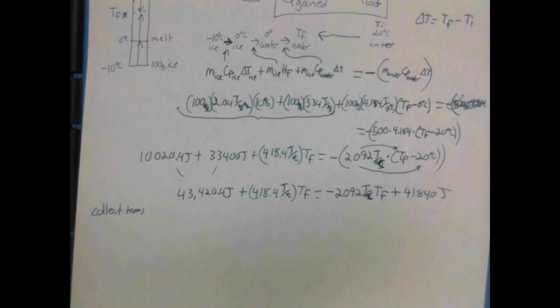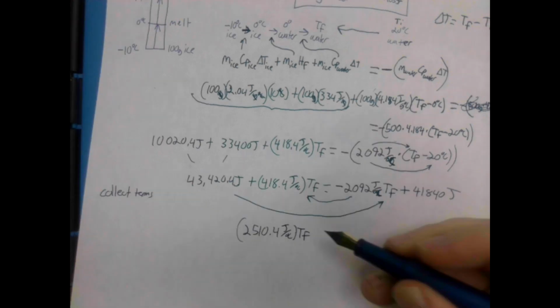So I'm going to add this over here. So 418.4 plus 2092 gives me 2,510.4 joules per degree Celsius times TF. Now moving this to this side, so I need to subtract it.